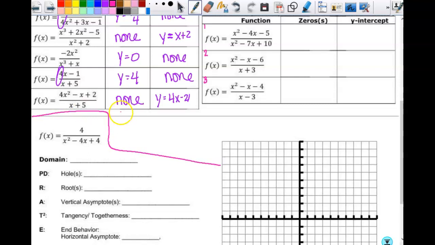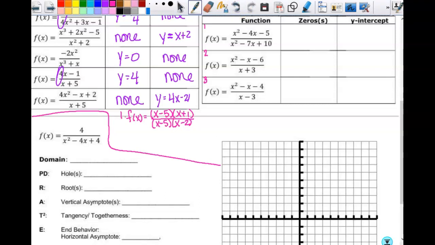All right, so let's do number 1. And when I factor that, you get f of x equals, well, in the numerator, I'm going to have x minus 5 times x plus 1 over, and then this is going to be x minus 5 times x minus 2. Okay.